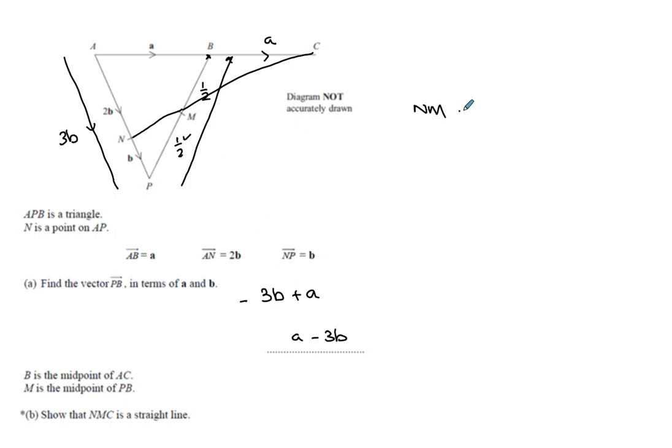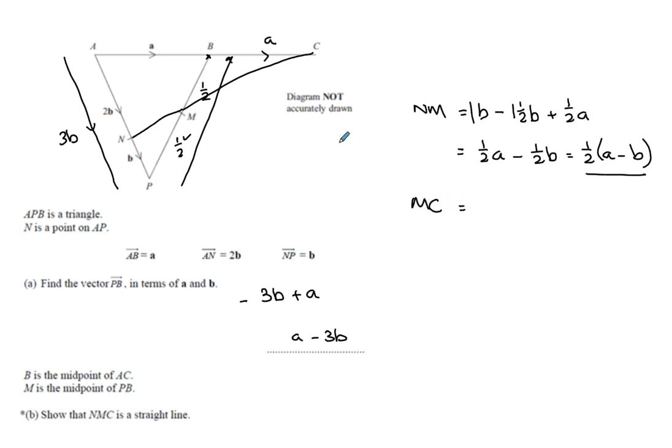So NM would be going B, and then minus a half of the 3 minus 1.5 B plus half A. Let's do it alphabetically. So we've got half A, and then 1 minus 1.5 is minus a half B. So then we've got half A minus B. So we've got NM, and now we go find MC.